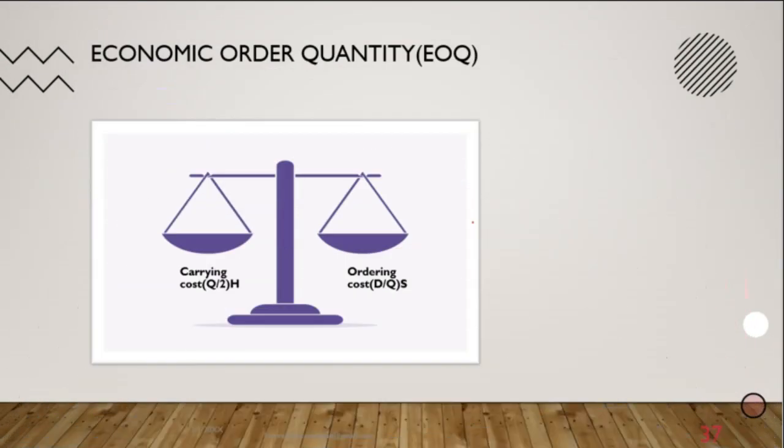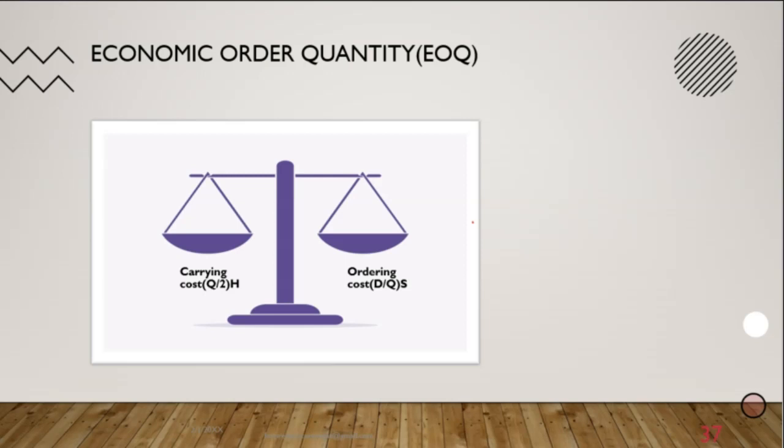So this picture shows exactly the behavior of the economic order quantity. Economic order quantity attempts to balance the two costs and says that the point where these two costs, ordering costs and carrying costs, are equal is the point where the total cost of inventory is minimum.